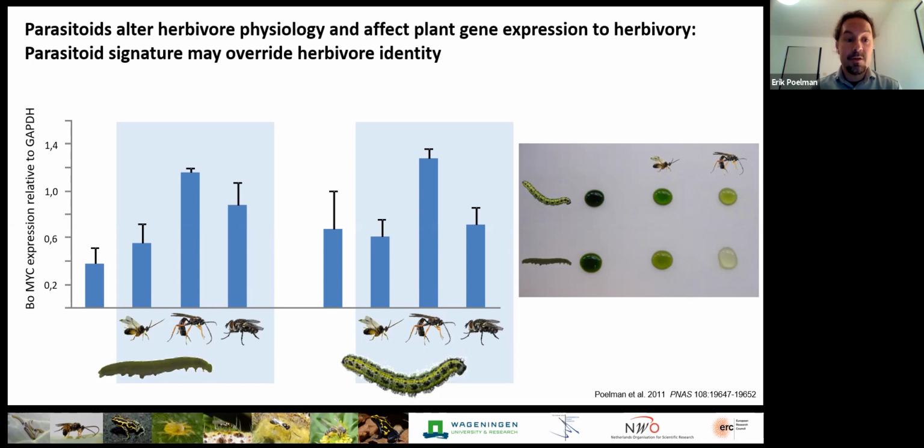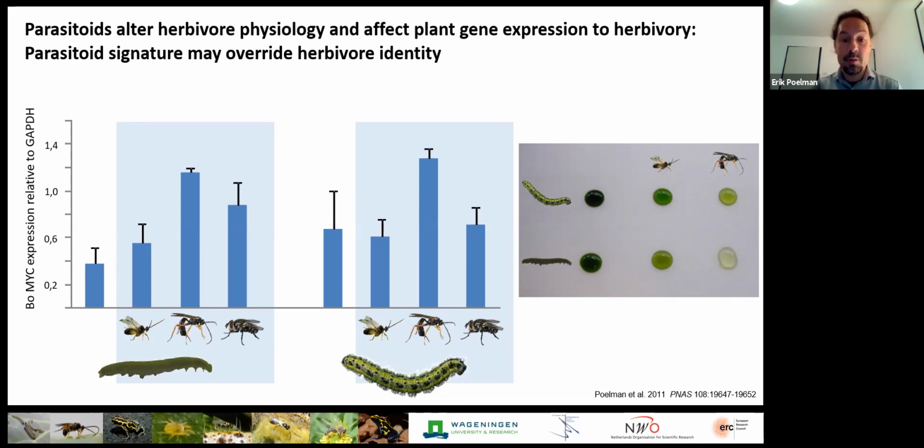And what you see here, just for one gene, we did that for many different genes, you can identify even the different species of parasitoids that are growing inside the herbivore that actually determine the signature on the plant in terms of its response. So we found consistent patterns of different parasitoid species growing inside a herbivore.